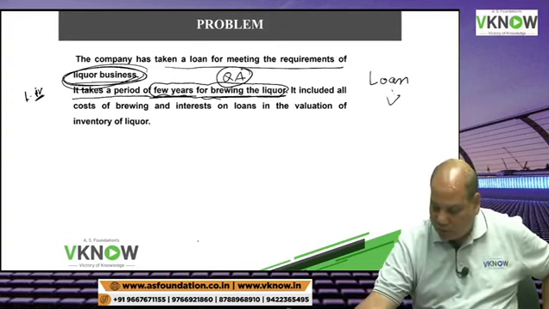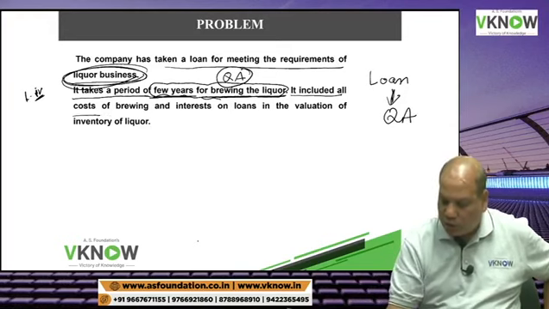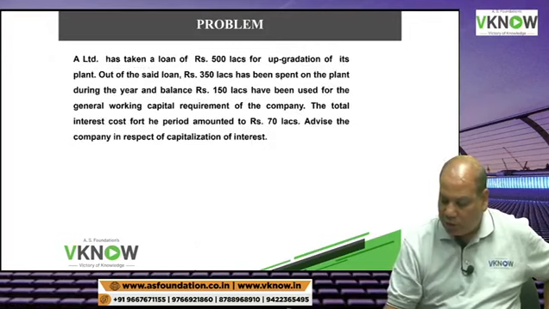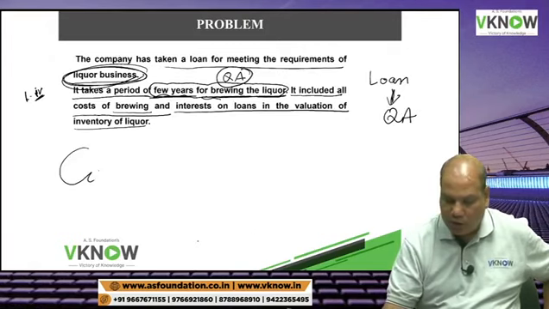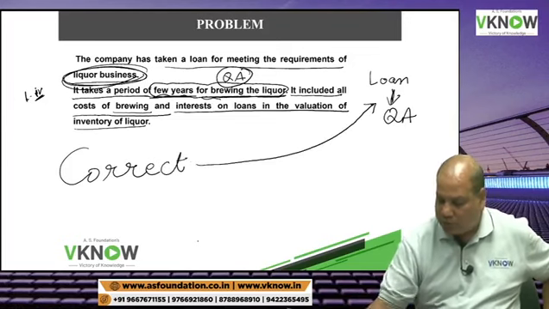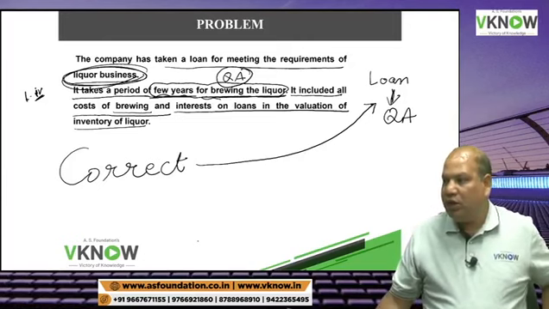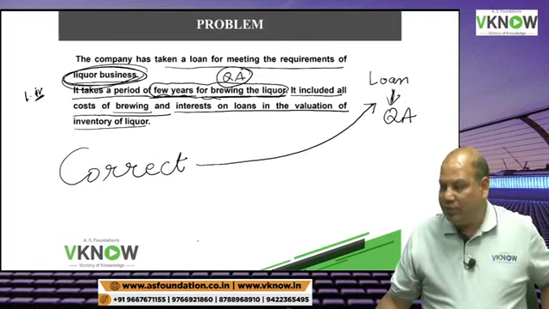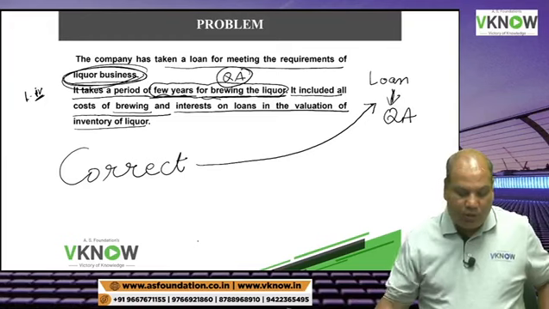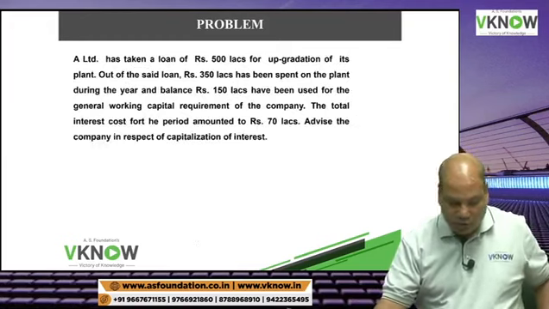Loan is taken for a qualifying asset. It included all cost of brewing and interest on loan in the valuation of inventory of liquor. So the answer is the accounting treatment is correct. Loan on qualifying asset will be capitalized. So the accounting treatment given by the company is as per accounting standard 16.